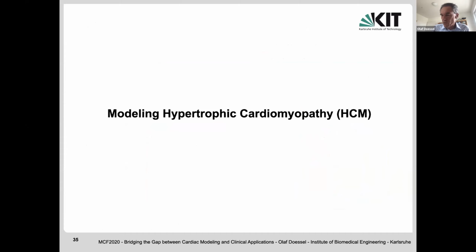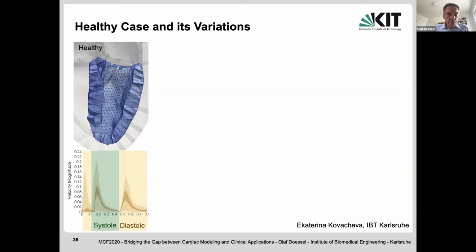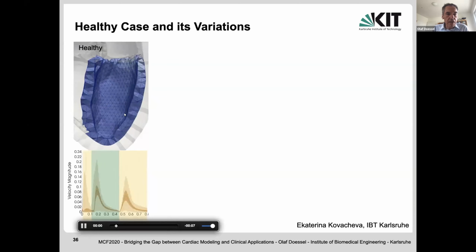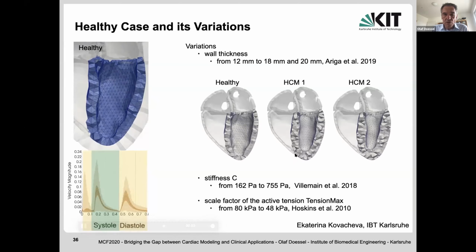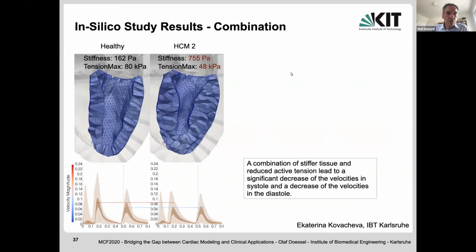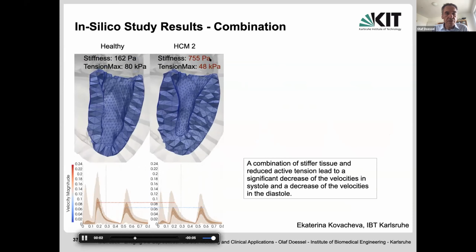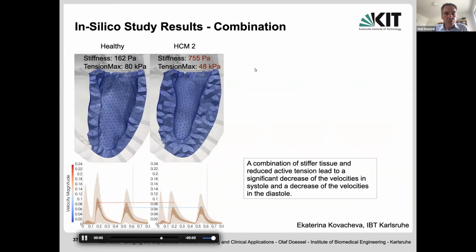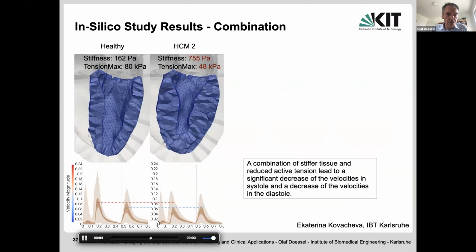On Monday, we had a talk from Ekaterina Kovacheva, who is in my group, on modeling hypertrophic cardiomyopathy. And so I will not go into the details. Here is the healthy case, and then she made a couple of changes that are also motivated by the literature, and so we come up in the end with also a model of the hypertrophic cardiomyopathy, and we can see what happens if we increase the stiffness or if we decrease the tension development, and we can see here the velocities of the nodes in the heart.